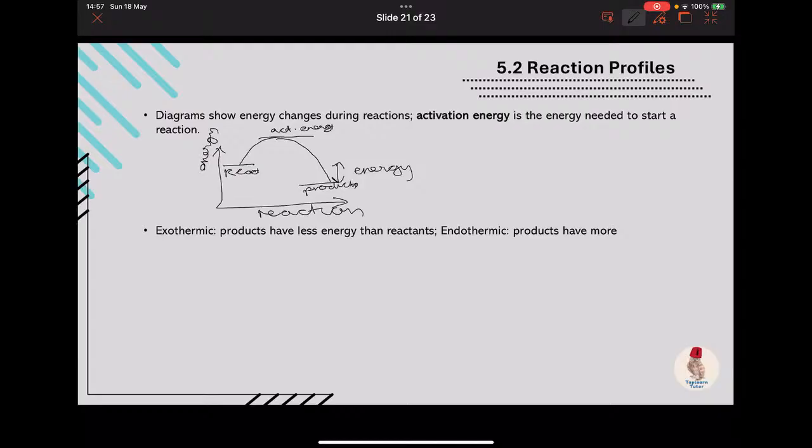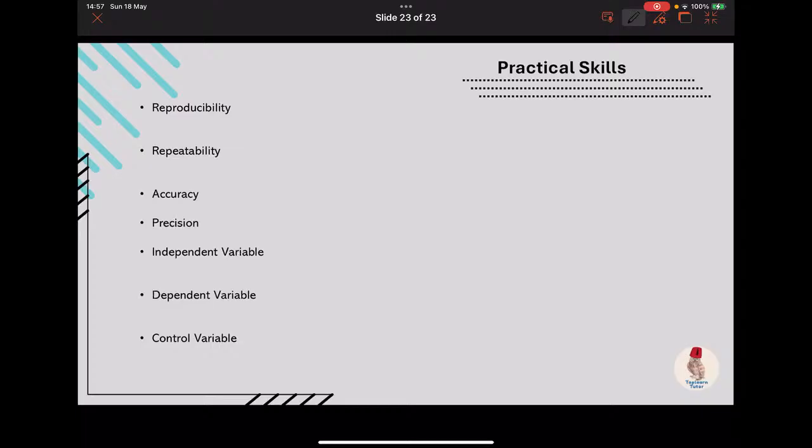Now, the endothermic reactions are the complete opposite. They start off lower, and the particles in the system gain energy, and energy is absorbed, and in the surroundings the energy has decreased. Next we move on to bond energies.